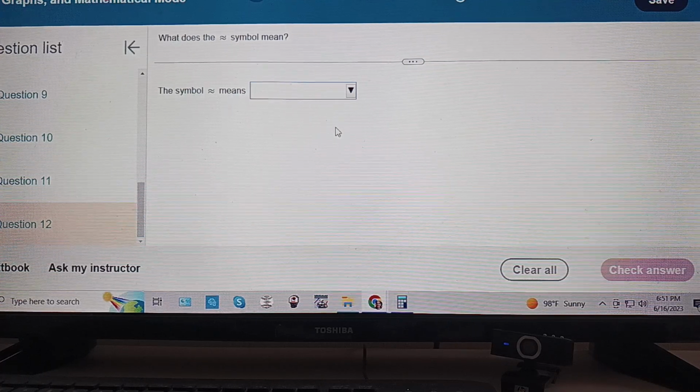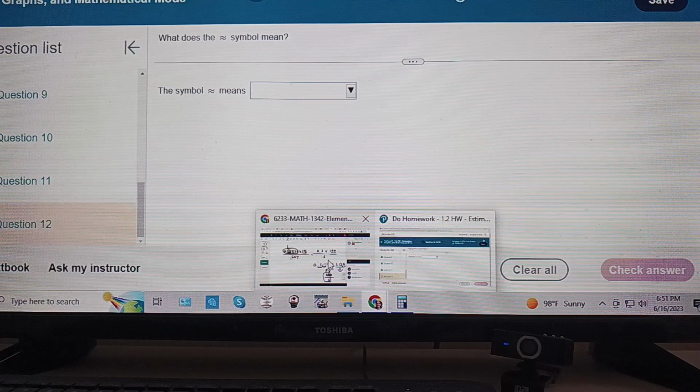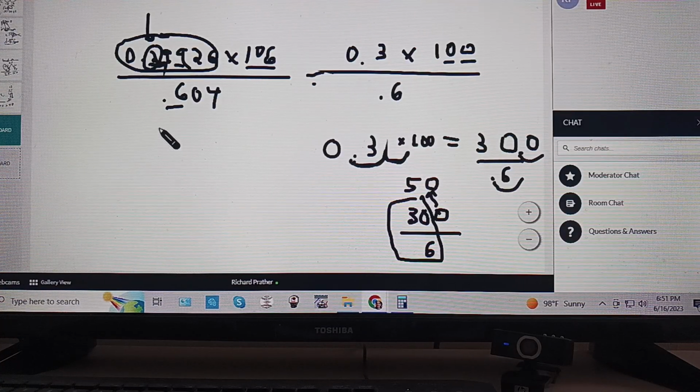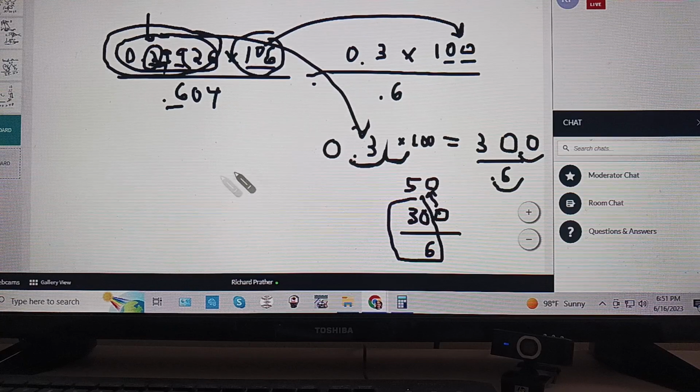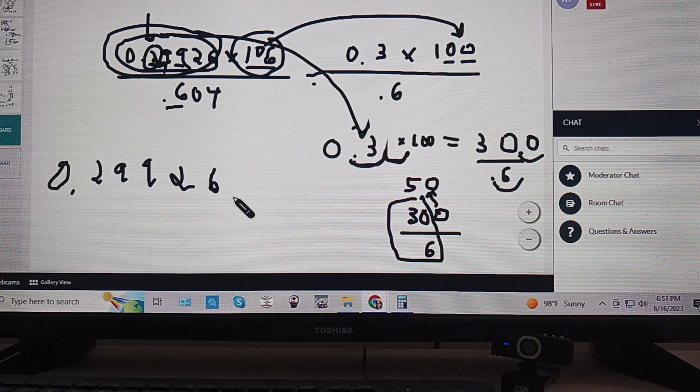So this is just for informational purposes only, but the point of estimating is when I say that 0.29926 is close to 0.3, or that 106 is close to 100, the way they do that mathematically is you write the original number, and then instead of saying equals, we put a squiggly equals.